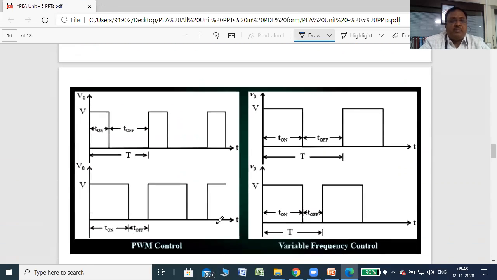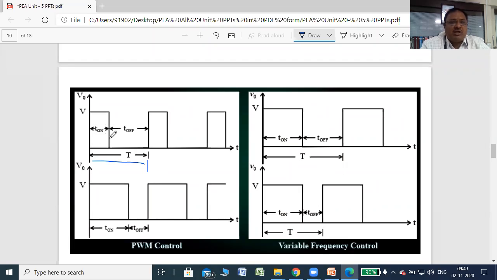See here, this is a PWM converter. So T on, T off, right? T on is lesser, T off is higher. In the same way, you can check T on; total T is the same. Total T is the same, but on time increases and off time decreases. So keeping the chopping frequency constant, just vary the on time, right?